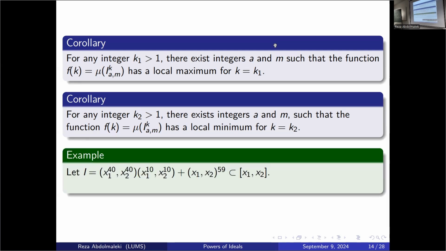For example, if we consider a to be 4 and m to be this value, and if you check by the formula, we have mu of I^k is 24, then 29, and here again it goes down, right? And at this point, we have a local maximum.